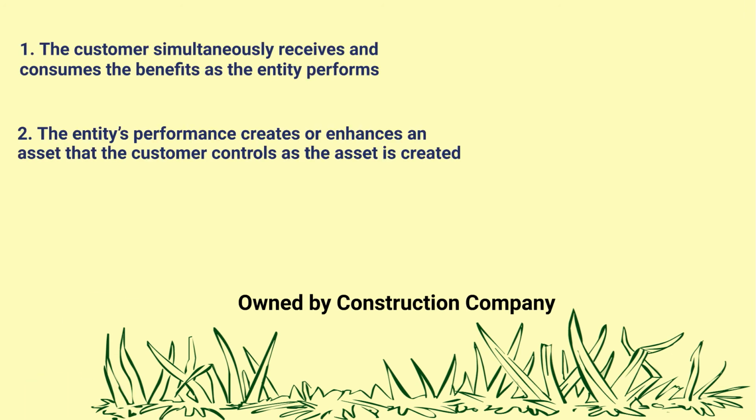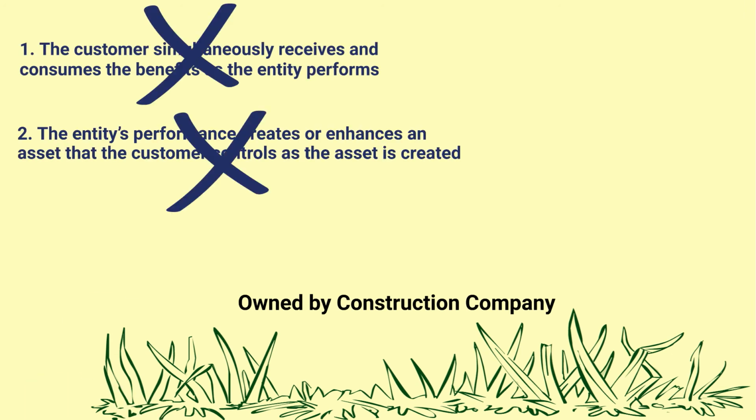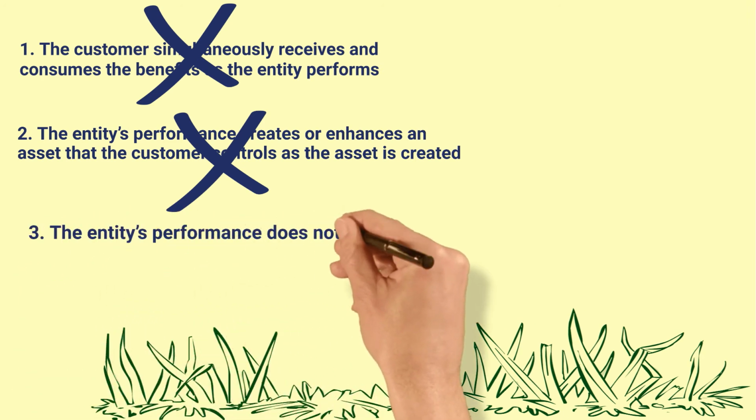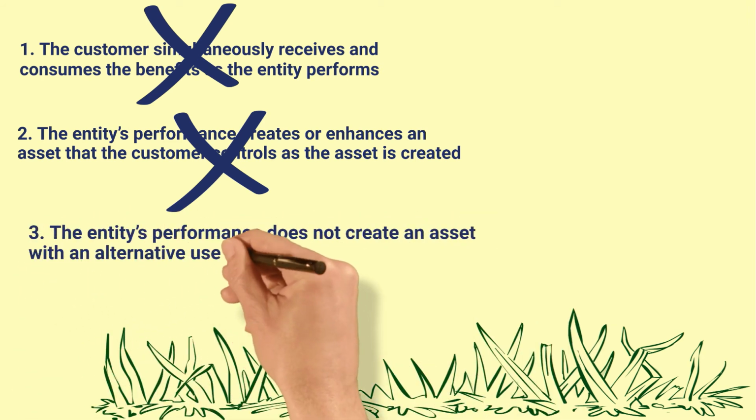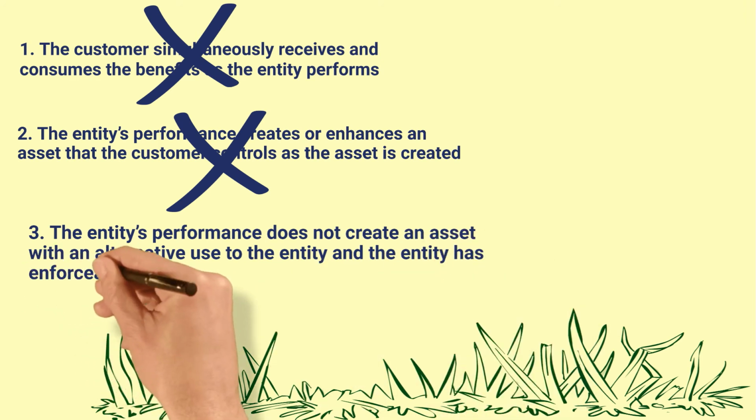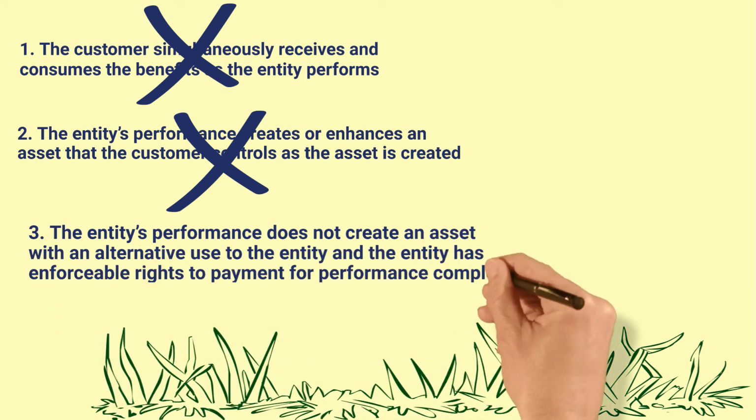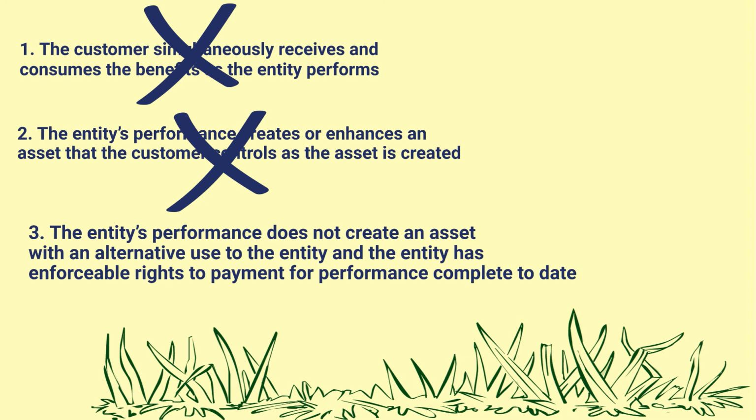If, however, the construction company themselves own the land that they are building a house for customer A on, the outcome changes. Since the first 2 factors are now not applicable, let's look at factor 3. The entity's performance does not create an asset with an alternative use to the entity, and the entity has enforceable rights to payment for performance completed to date.